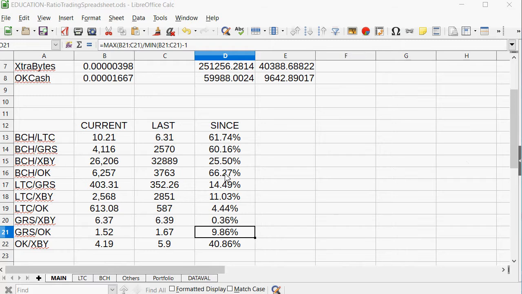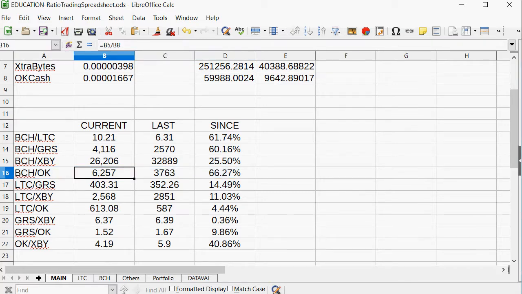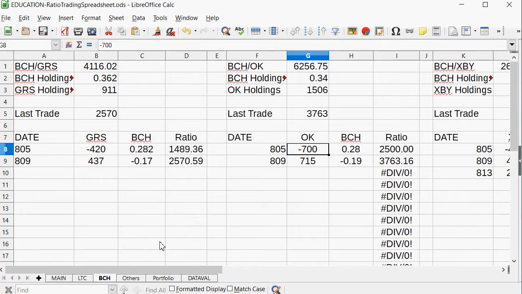Next up, we have the 66%. Let's do Bitcoin Cash and OKC. The ratio goes up from 37 to 62, which would mean selling BCH. And we go find this in here. And we own 0.34.